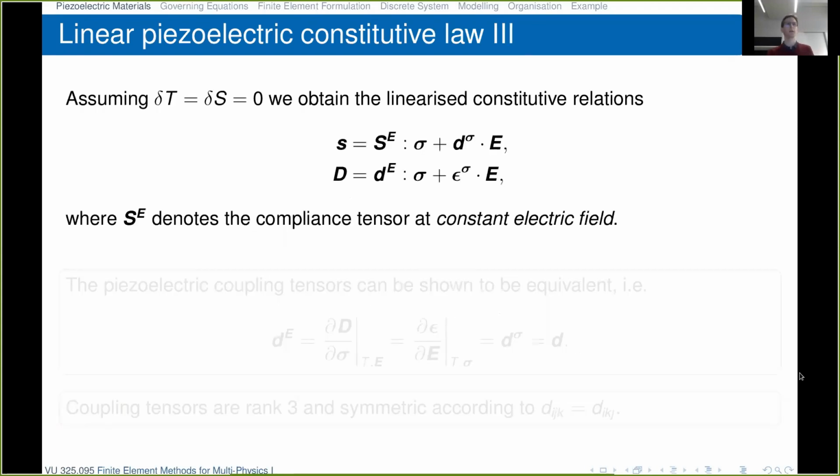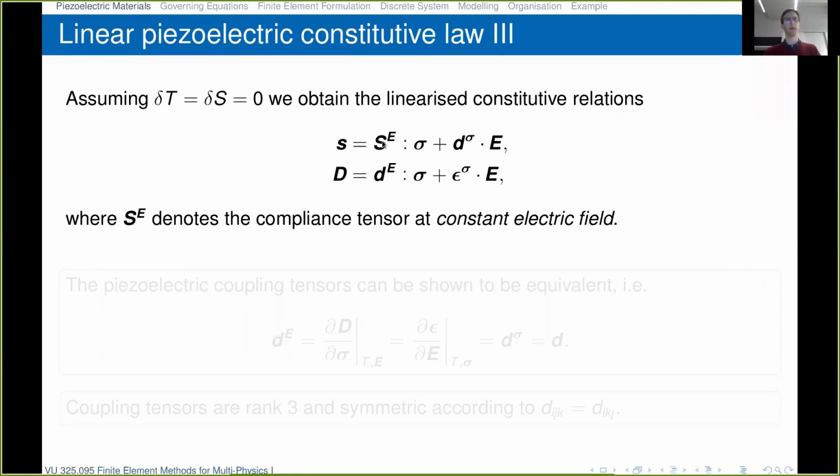What we will do in the next step is assume the temperature such that the entropy remains constant. So we can simplify the equations a little bit and only get an equation for the strain and the dielectric displacement. We've written them here already in short tensorial form.